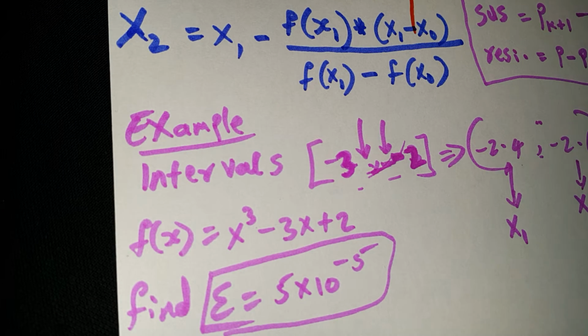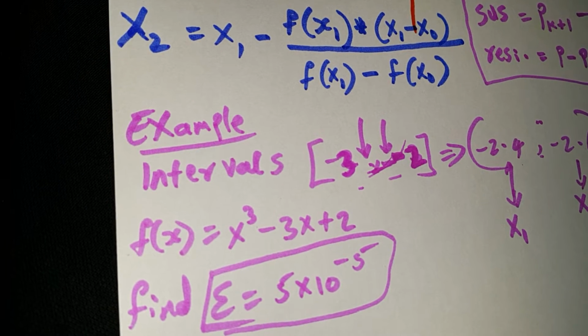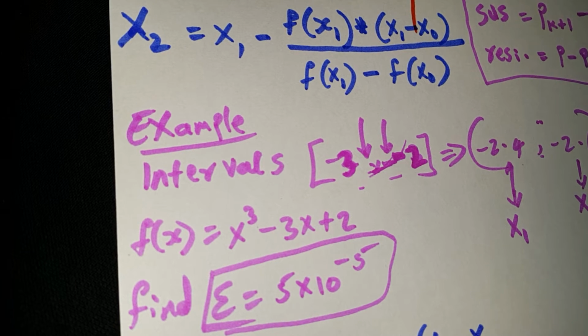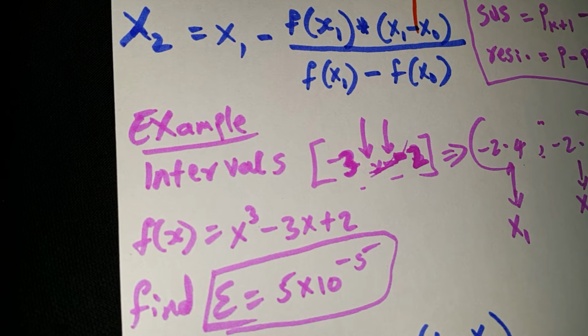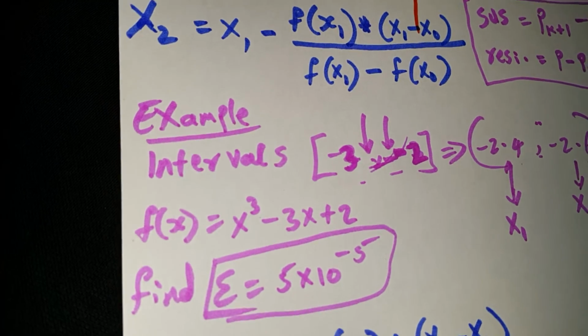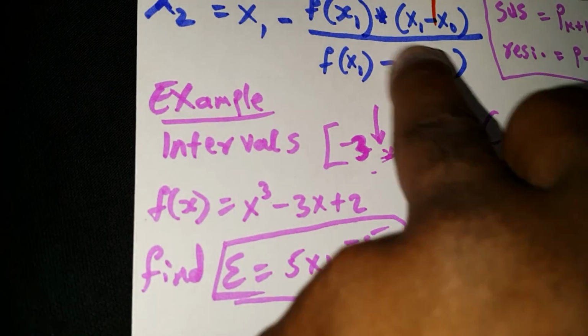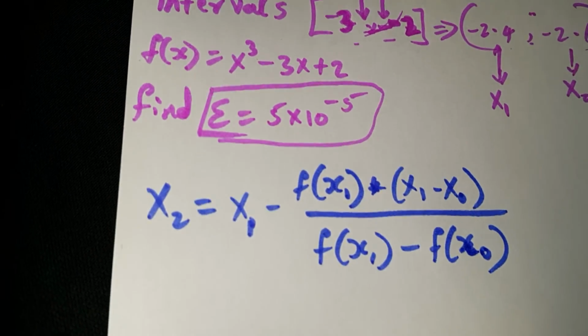Try to look at it. x2 is equal to x1 minus f of x1 multiplied by x1 minus x0, all over f of x1 minus f of x0. Okay, I brought this down to this place.